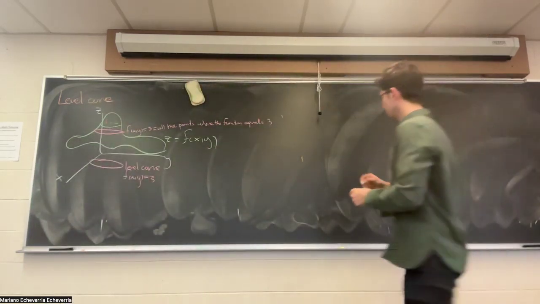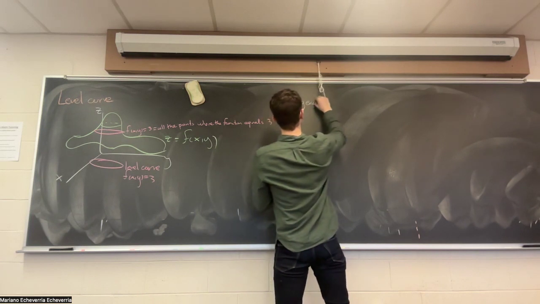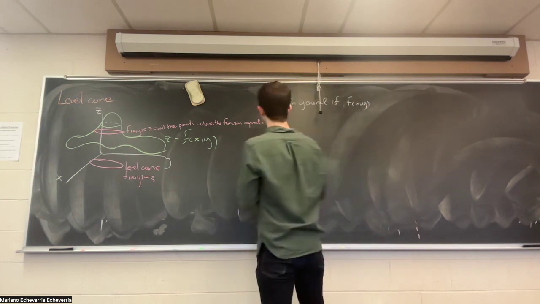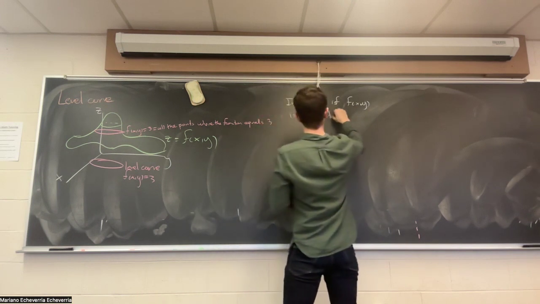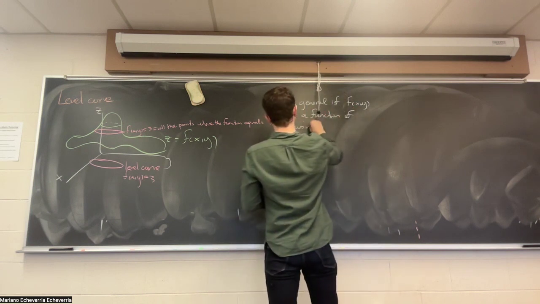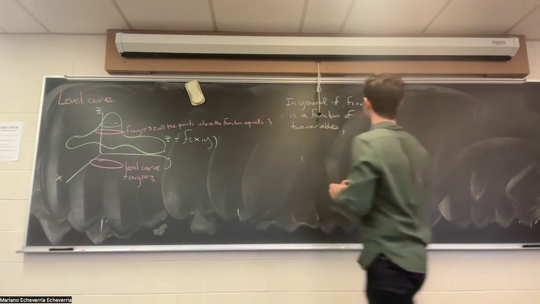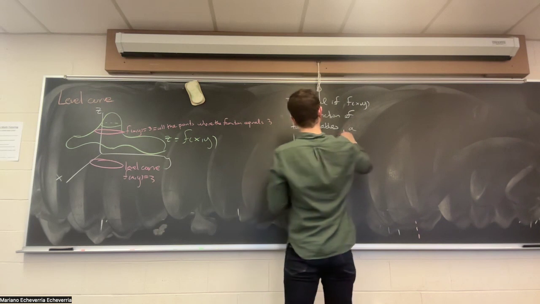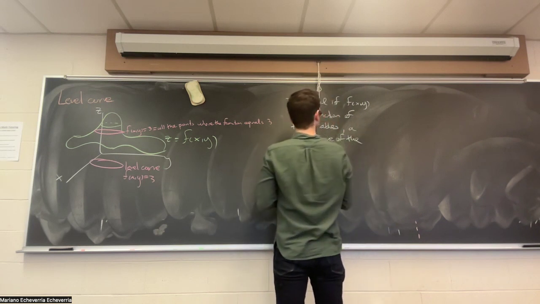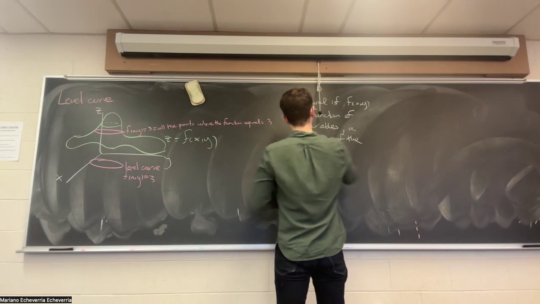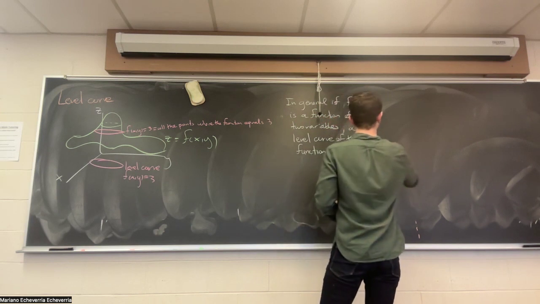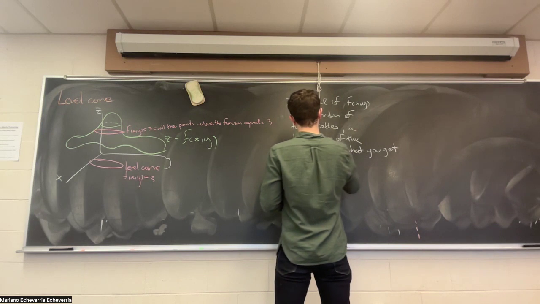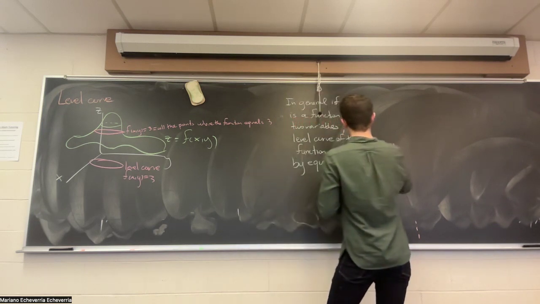So in general, if f of x comma y is a function of two variables, a level curve of the function is what you get by equating the function to a number. Okay. Or let's say to a constant.